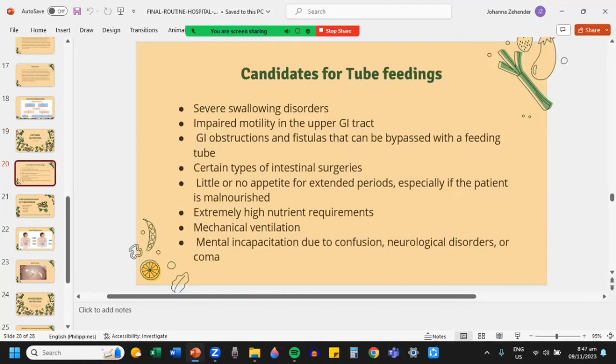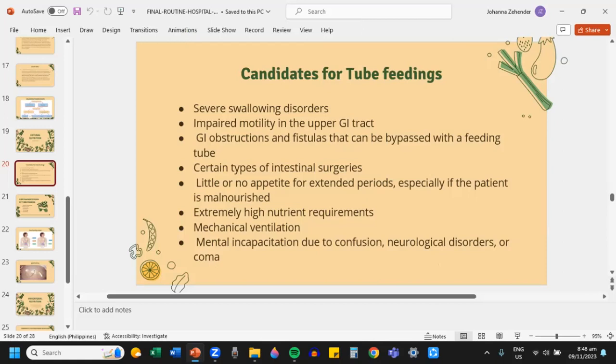So for those patients who have severe swallowing disorders, impaired motility in the upper GI tract, GI obstructions and fistulas that can be bypassed with a feeding tube, those patients with certain types of intestinal surgeries. We also have little or no appetite for extended periods, especially if the patient is malnourished. Okay? Extremely high nutrient requirements.